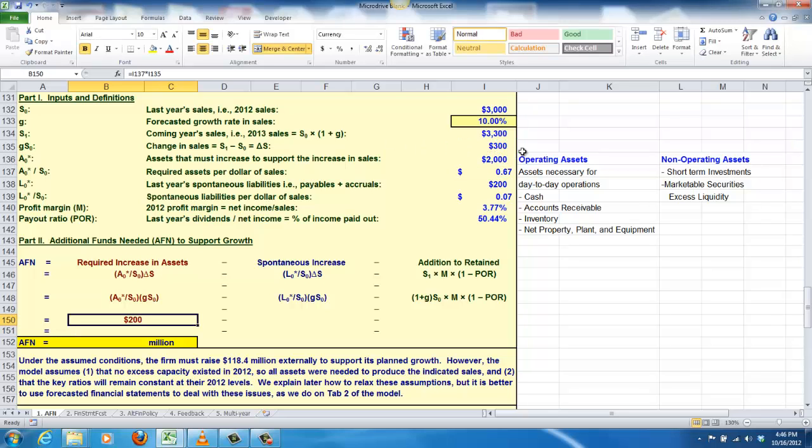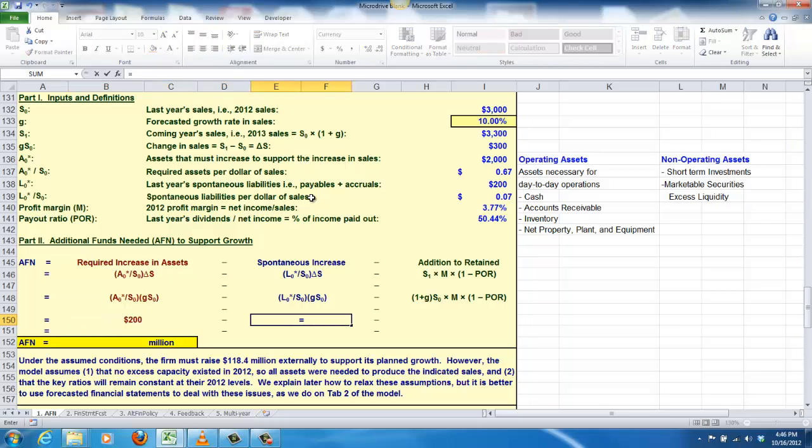And so we're going to need to increase our assets by $200 million in order to fund our sales growth. Our spontaneous increase in liabilities that we expect to occur with our growth in sales will be equal to $0.0667 per dollar of sales multiplied by our change in sales of $300, or $20 million.